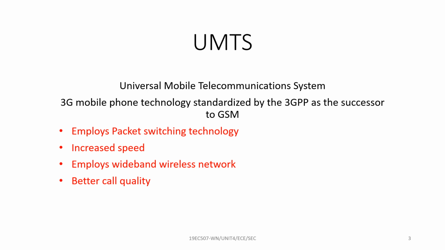UMTS has certain features: it deploys packet switching technology, due to which we are able to have a better speed. It employs wideband wireless network, which provides us with good quality. These are all the advantages of Universal Mobile Telecommunication Systems.